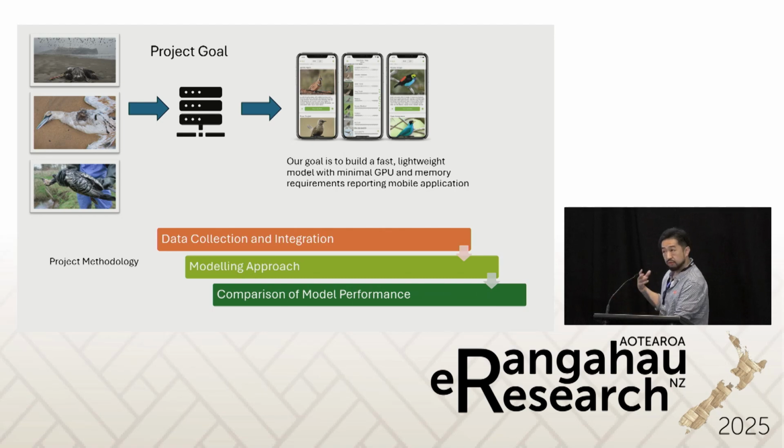On the user side, for normal people, the application will help us quickly report suspect cases. For the authority side, it will help the authority quickly identify the dead bird species, also with accurate locations.